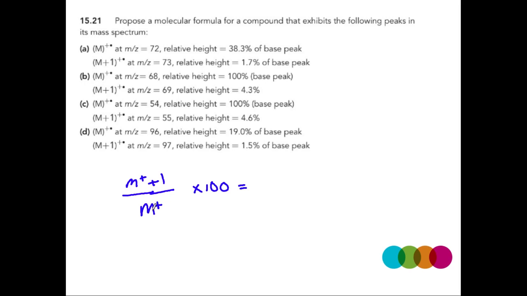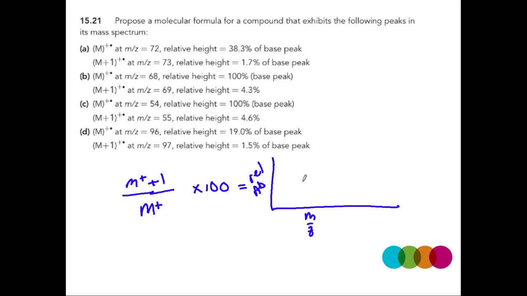So let me back up here. Let's say I had a spectrum, and I have relative abundance on the y-axis and mass to charge ratio on the x-axis.